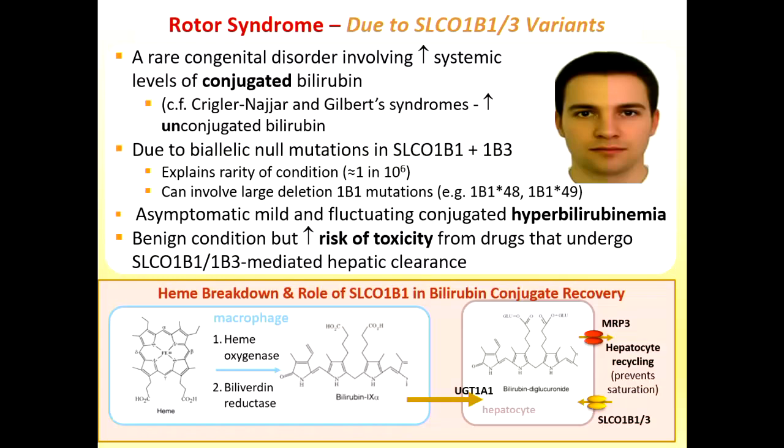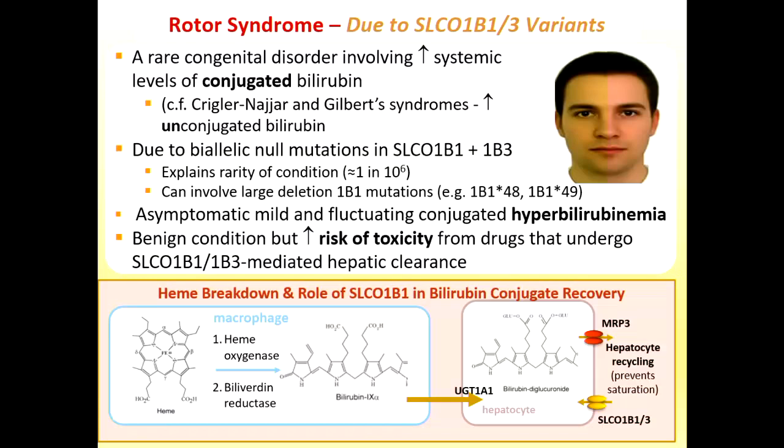This is an ABC efflux transporter in hepatocytes. And there's this process of recycling whereby there's a normal reuptake of bilirubin diglucuronide, which is carried out by 1B1 and 1B3. And this is the one that's deficient in folks with Rotor syndrome.